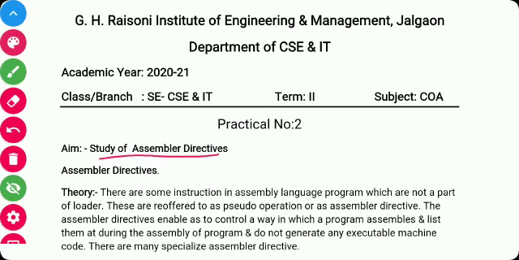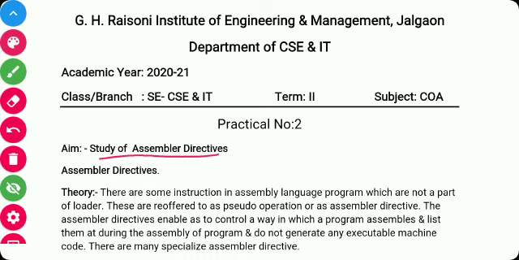There are some instructions in an assembly language program which are not a part of the 8086 instruction set, but are instructions to the assembler, linker and loader. These are called assembler directives.